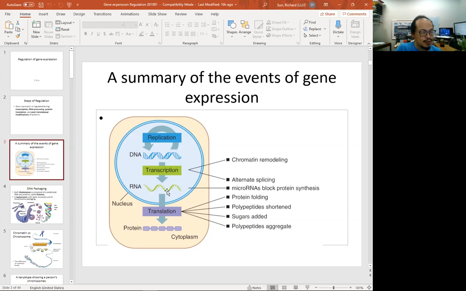And the RNA will move out of the nucleus and will be translated to protein. And in our earlier talk, we talked about how this is produced. So we have the idea, the standard procedure, how this is completed.